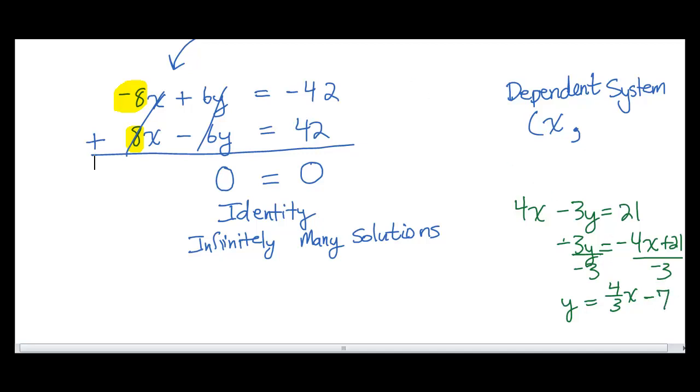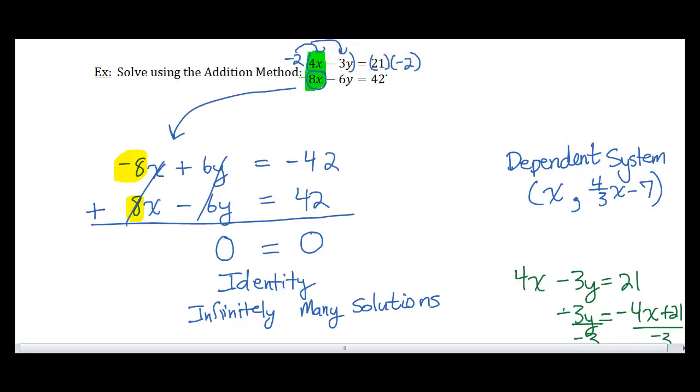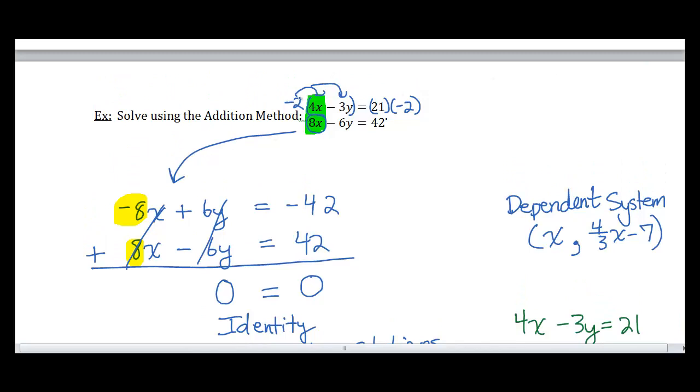And so my ordered pair, or my solution in terms of all x, would be x, comma, 4/3 x minus 7. Okay? And again, if I were to ask you what would the graph look like, well, the graph would look like one line, right? They would be lines that lie on top of each other. So those equations up there are actually multiples of each other, all right? If I multiply this one by a constant, I get to this equation right here, basically.